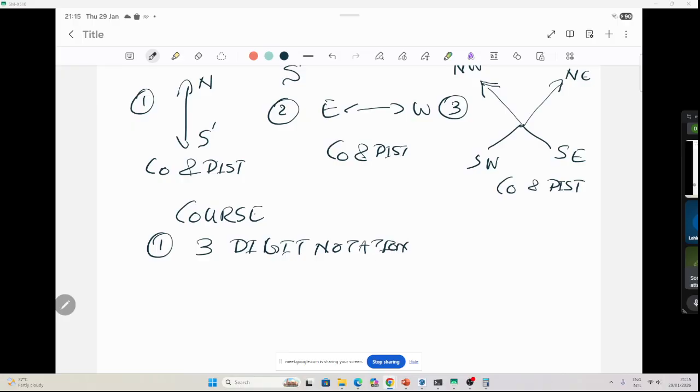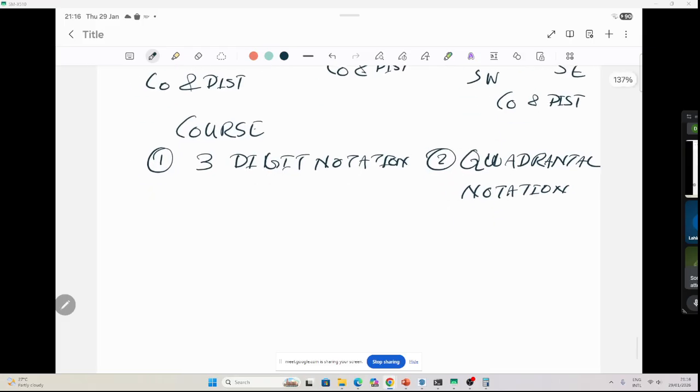The second type is quadrantal notation. You can write your course in these two ways.